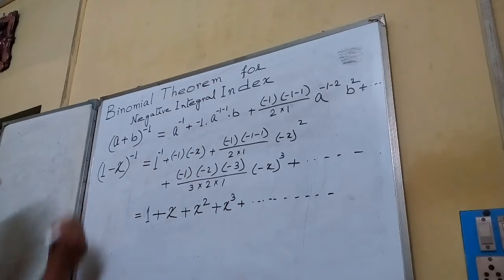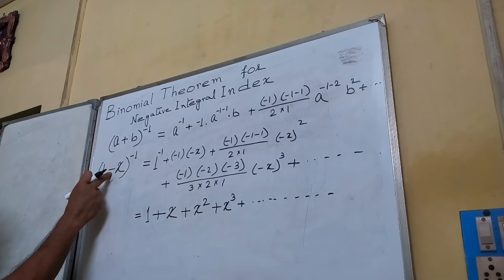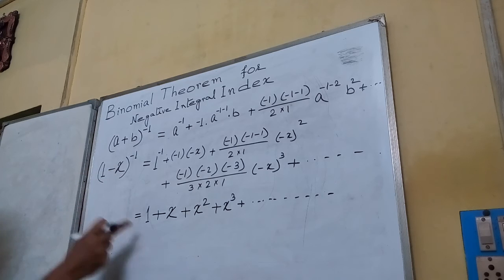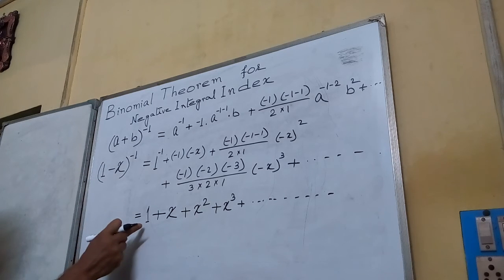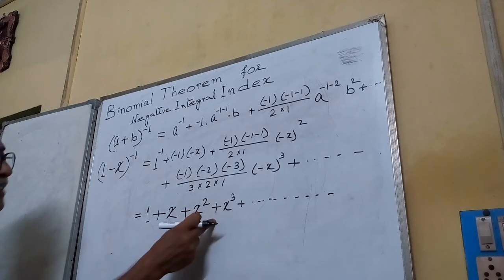Without doing further, I just want to remind you, if it is 1 plus x, then the signs will alternate: 1 minus x plus x square minus x cube.